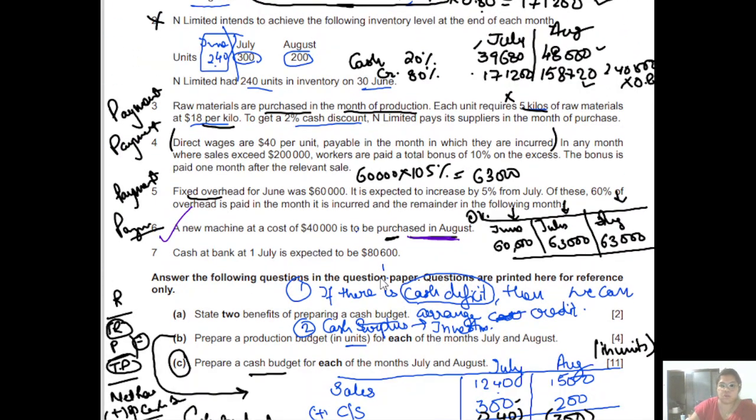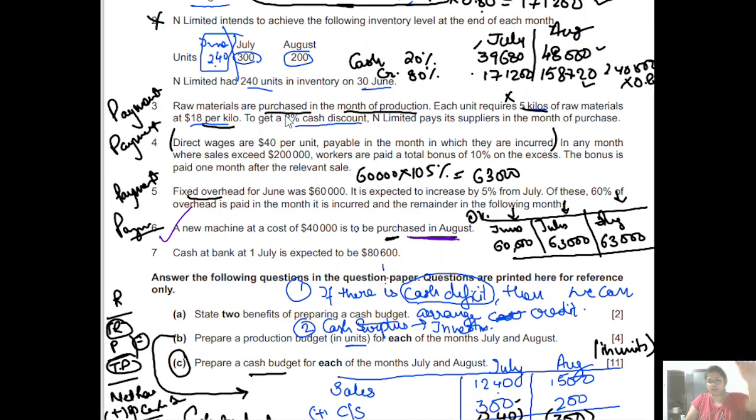Okay, now we have to check whether every payment is covered by us or not. From the third point, everything is covered, right? And in the fourth point, we only took this much. We forgot to take this information. In any month where sales exceed $200, first of all you have to find out how much sales for June, July and August.